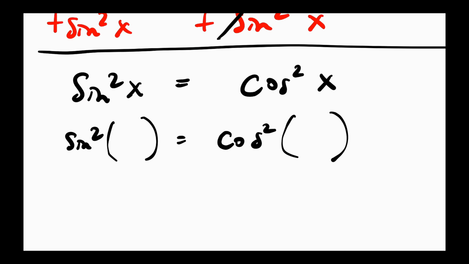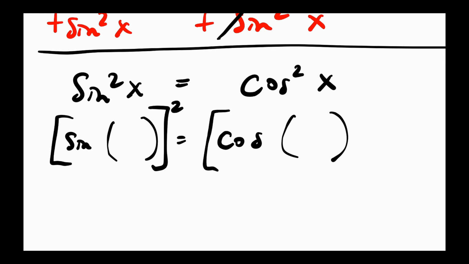You can change the sine squared to this, because if it's equal on the inside, it's going to be equal on the outside because I square the same number. So I'm just trying to figure out where that's true. Where is this going to be the same value?